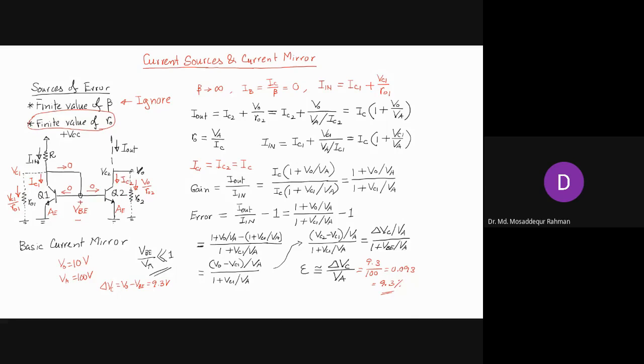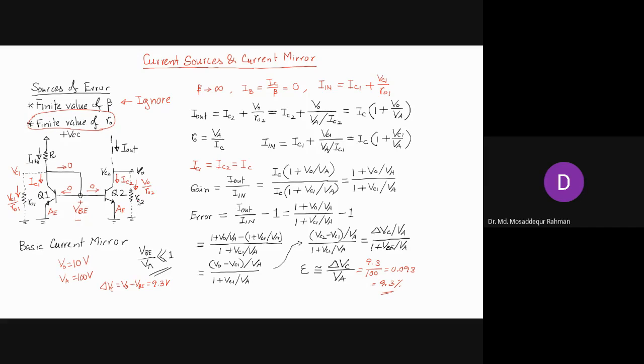If you can increase the output resistance, then this current will reduce, and the error will reduce. So in order to reduce the error, we need to increase the output resistance.